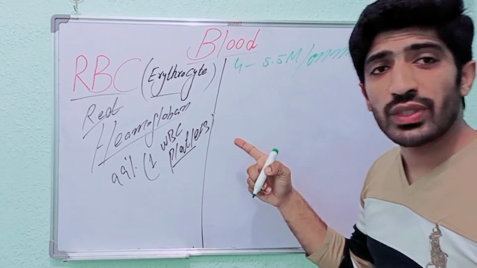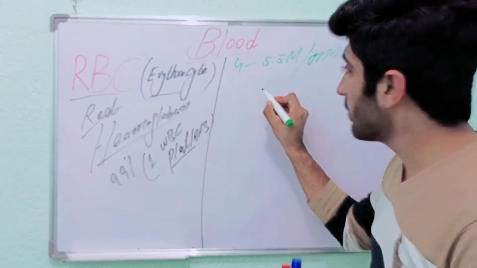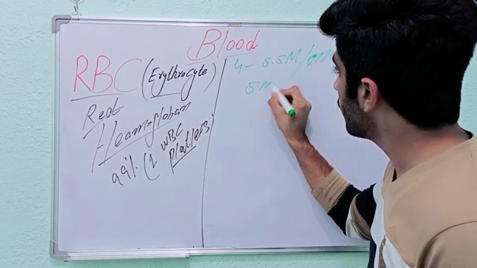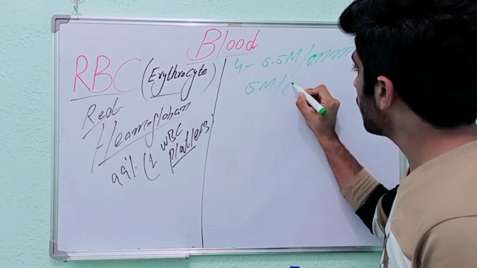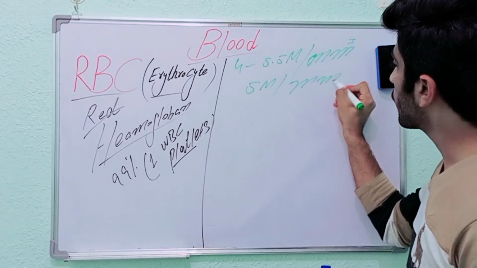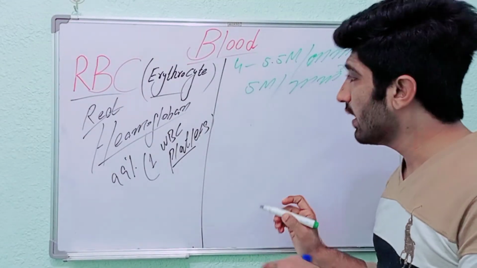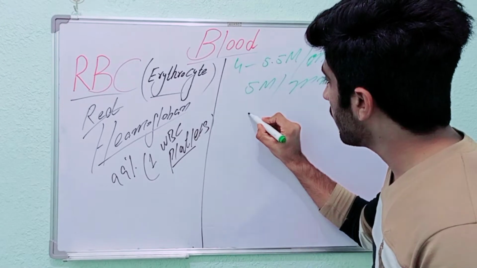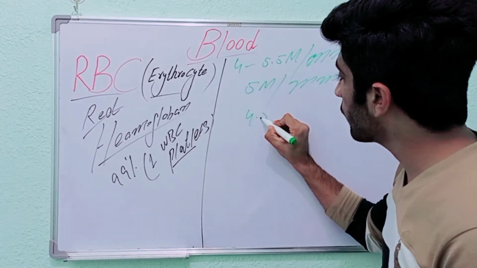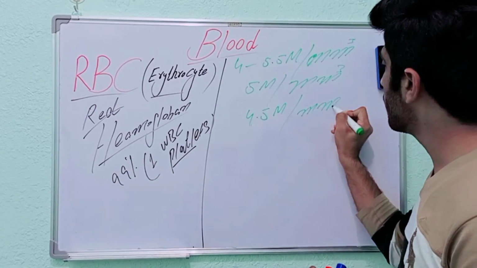In an adult male the value of RBC is 5 million per cubic millimeter. And in a female the value of RBC is 4.5 million per cubic millimeter.